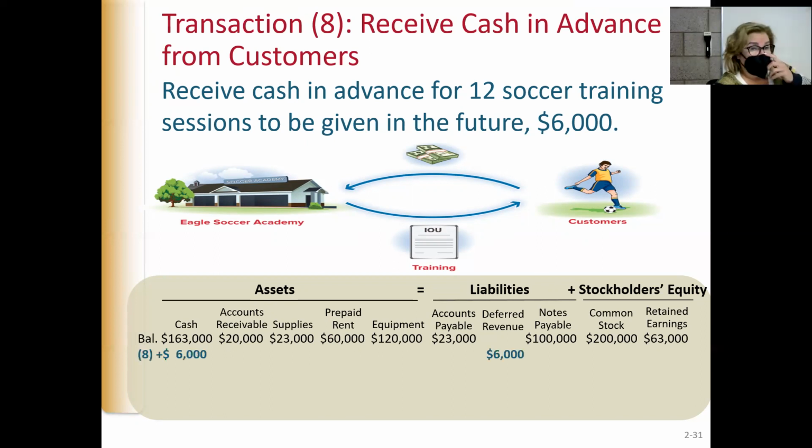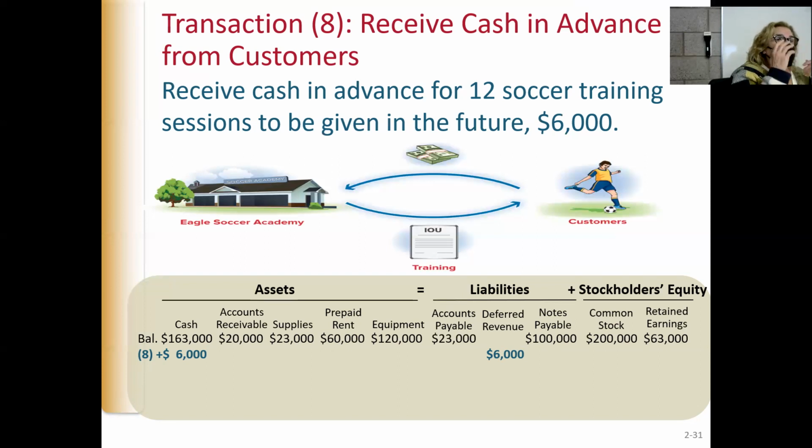Our cash has gone up 6,000. But guys, this is a liability because we owe him something. We owe him soccer lessons. We don't necessarily owe him money, but we owe him a future sacrifice we need to fulfill. That's why this is a liability.